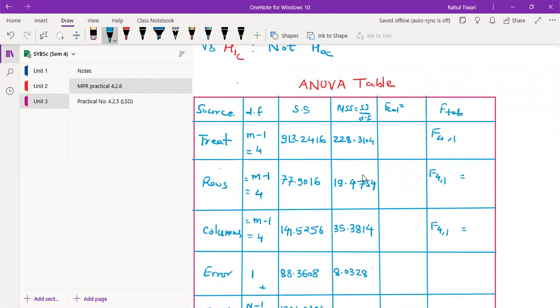We will get it similarly for error also. So the mean sum of square for treatment divided by the mean sum of square for error gives you F calculated for treatment. So this is F treatment, which is equal to, I have the answer up to 2 digits.